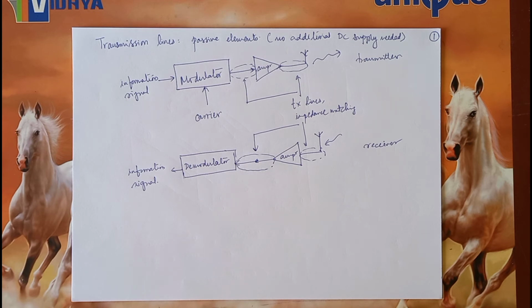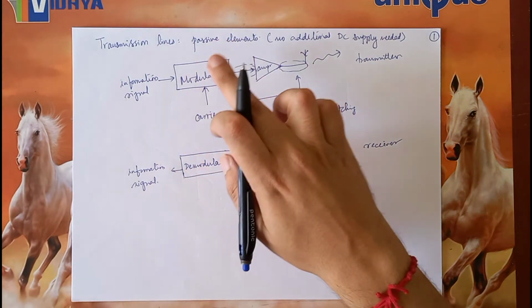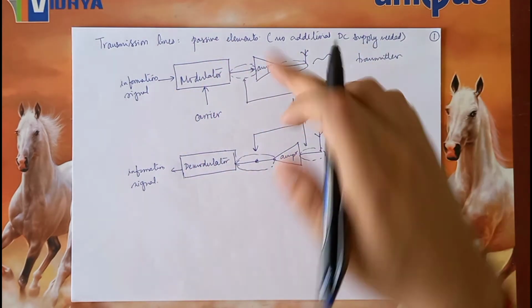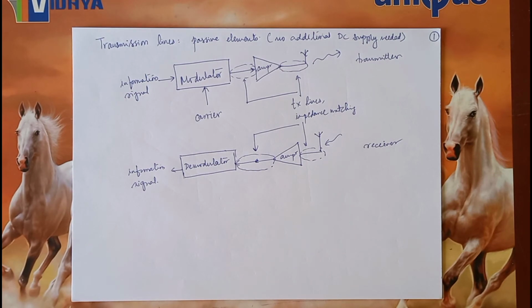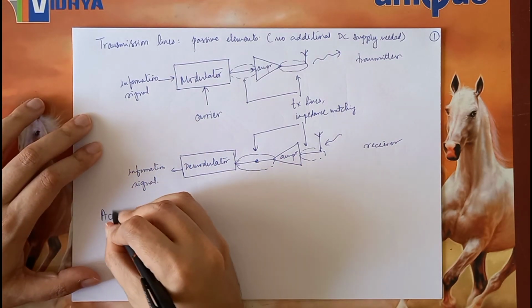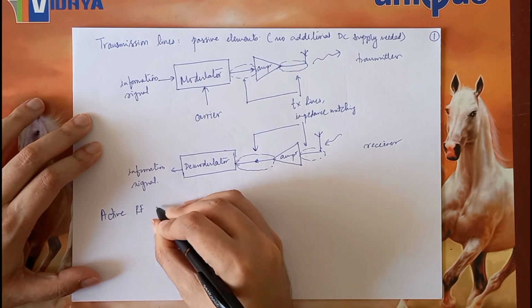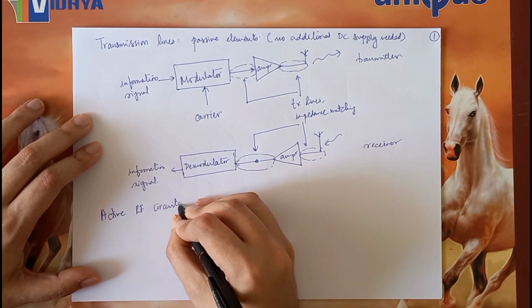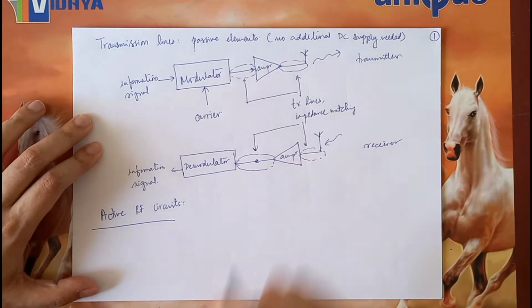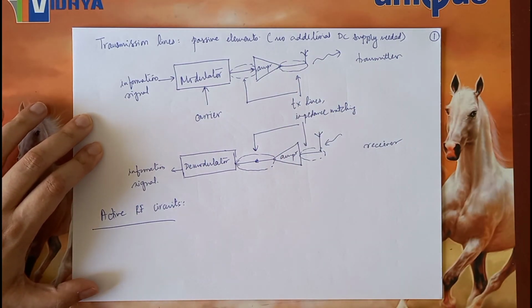But the point that I am trying to make over here in this particular discussion is that the blocks, these modulators, demodulators, amplifiers, and so on, they are essentially active devices or active circuits. So to take some examples, we have amplifiers, which are the best possible example of RF circuits.